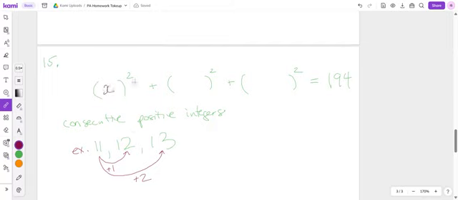So I'm going to have x as my first integer, x plus 1 as my second integer, and x plus 2 as my third integer. Put your hand up if that makes sense. Good. Okay, so we're really checking.